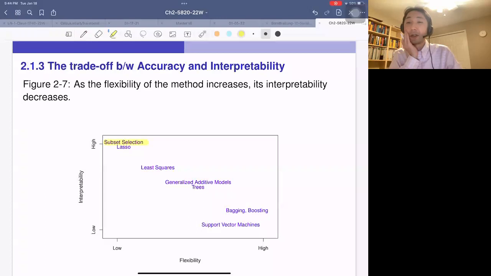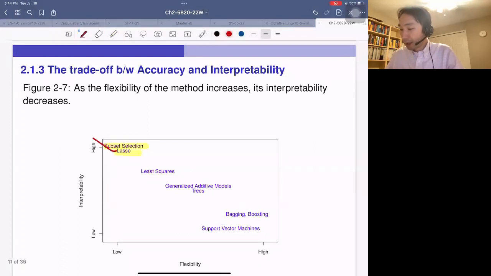Then we only use useful variables, then we can better interpret the model.